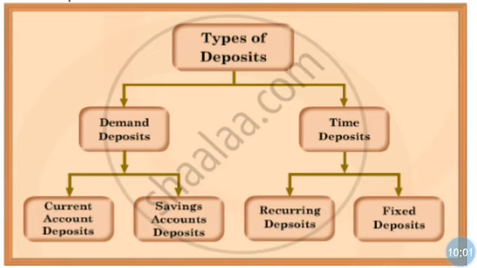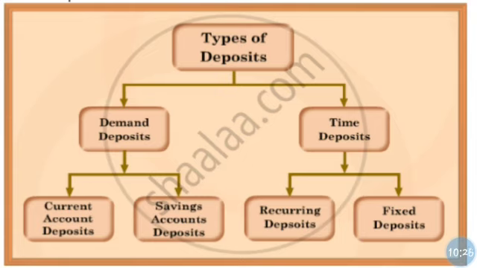Another type is time deposits. Now why is it called time deposits? Because in such deposits there is a fixed period of time. Such accounts are open for a specific period of time. They are recurring deposits and fixed deposits. These accounts have a fixed maturity period.